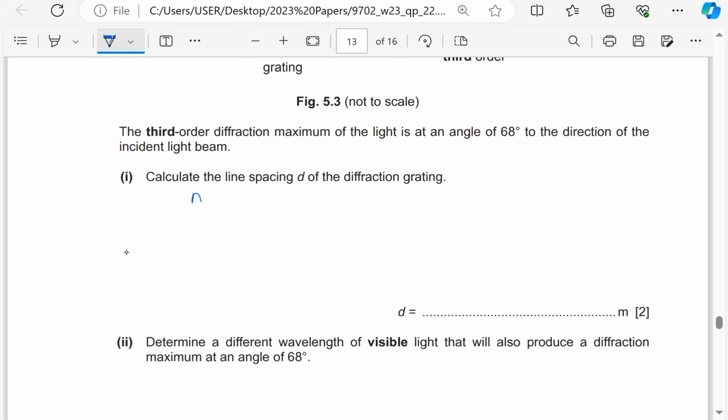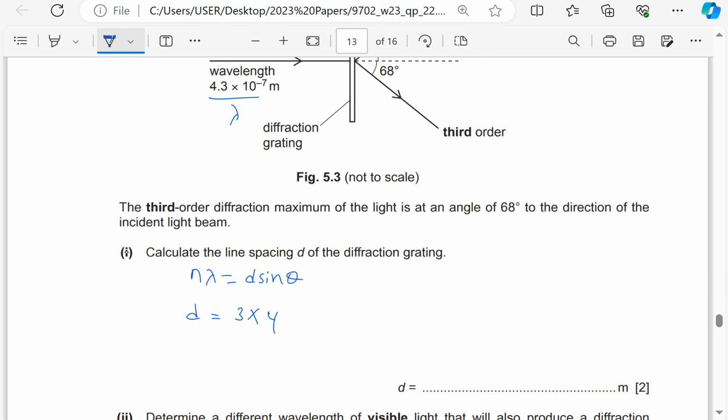So we know that for a diffraction grating, n lambda is equal to d sine theta. So d is going to be n, which is 3, times the wavelength, 4.3 times 10 to the power of minus 7, divided by sine of 68, since I'm making d the subject.